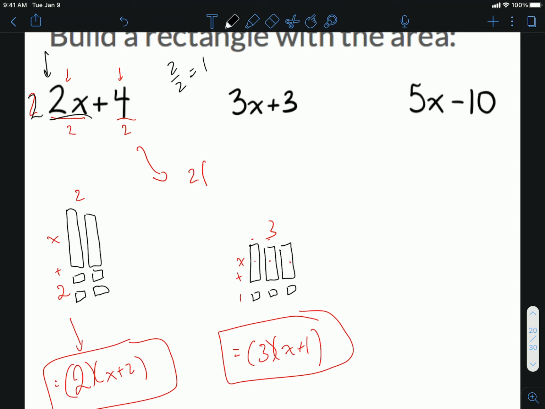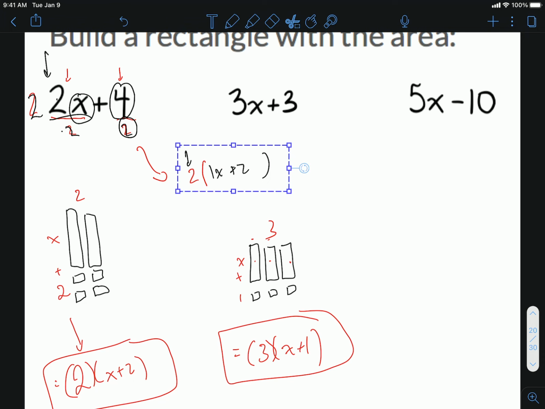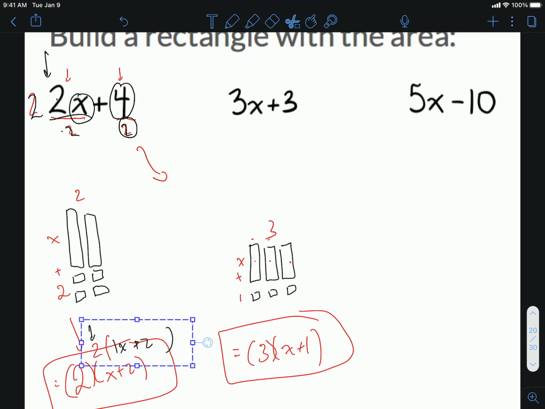So that being said, if we do that, then I write the 2 out front, and you tell me what's left on the inside of these brackets after you divide by 2. 2 divided by 2 is going to be 1, but you still have the x there, so 1x. 4 divided by 2 is 2. And you guys confirm that that is that answer.